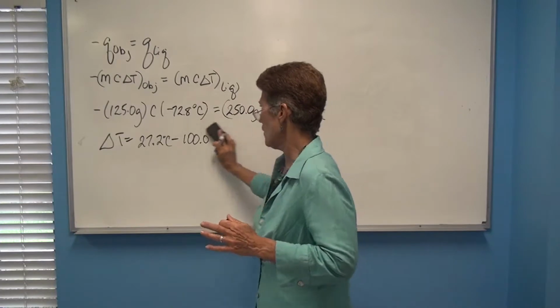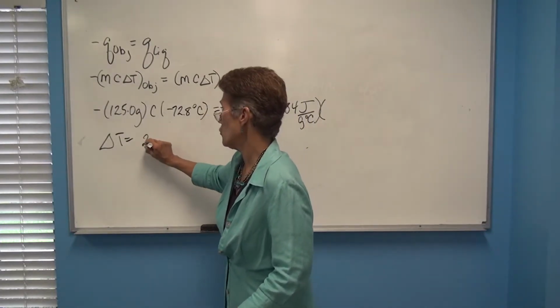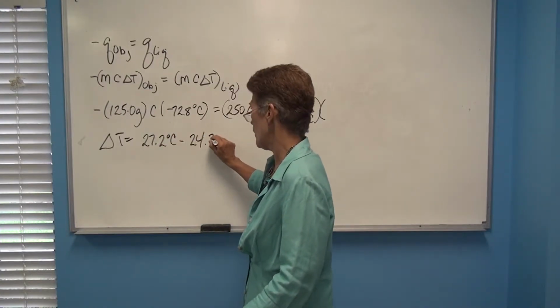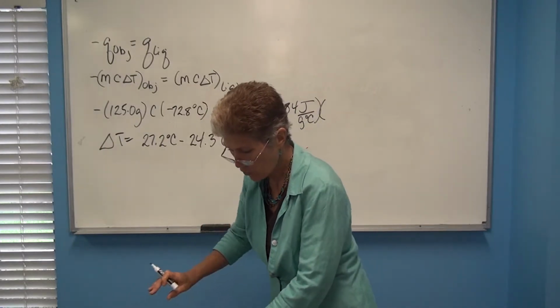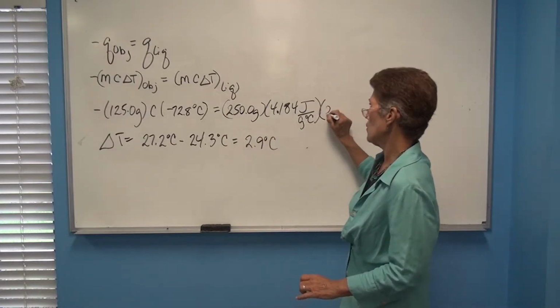And the change in temperature for the water is, the final temperature is 27.2 degrees Celsius minus the initial, 24.3 degrees Celsius. And so that gives you a change in temperature of 2.9 degrees Celsius. I'll put that in here.